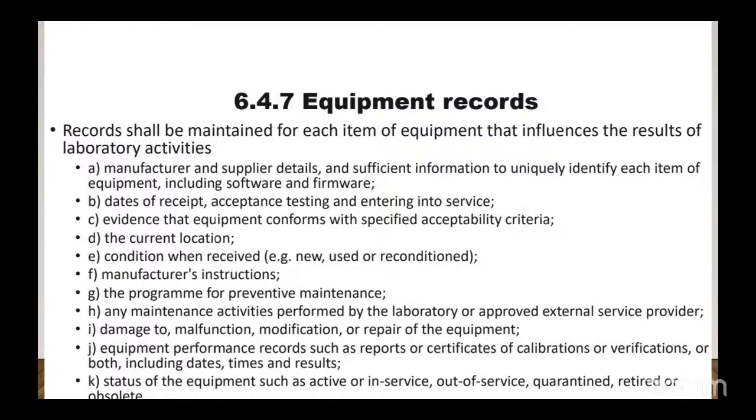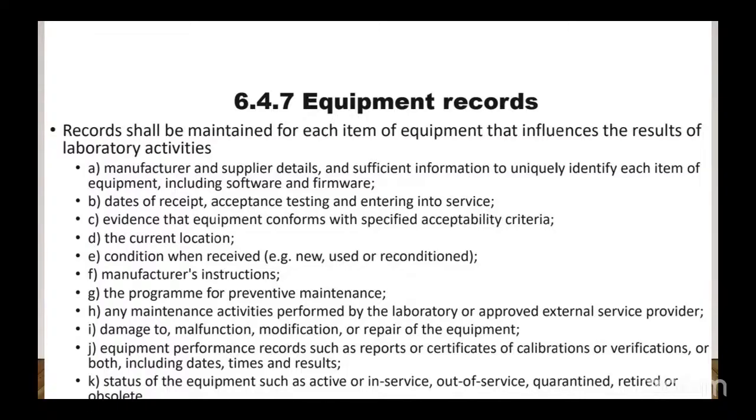Next, the manufacturer instructions. That packaging style, those manufacturer instructions, you must ensure they are there. The program for preventive maintenance, those records have to be there. Any maintenance activities performed by the lab or approved external service provider, damage, malfunction, modification, or repair of the equipment has to be documented.